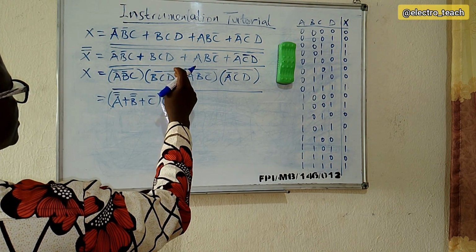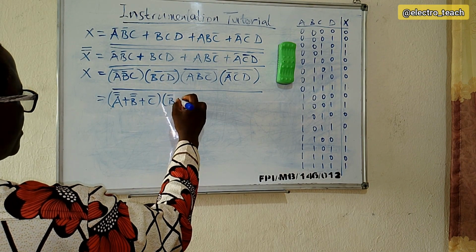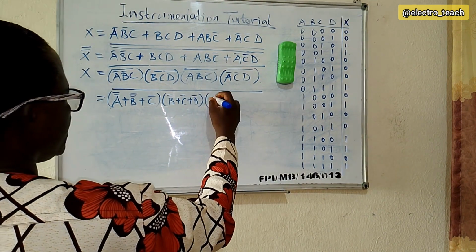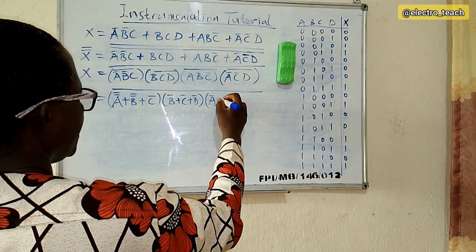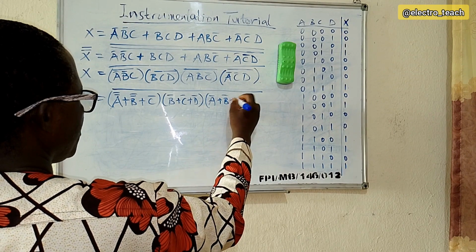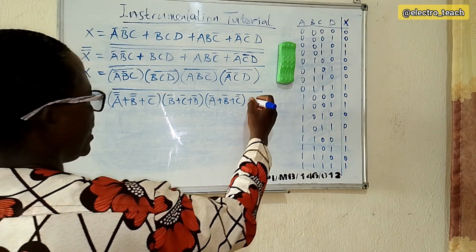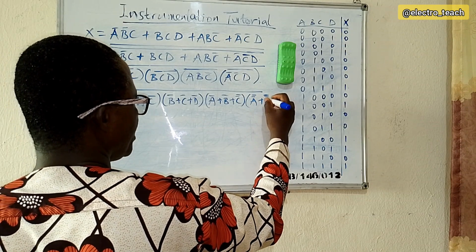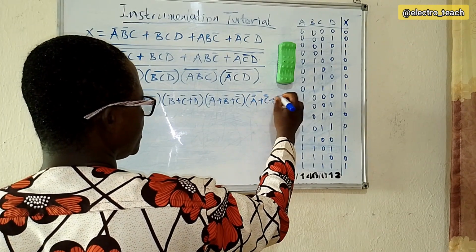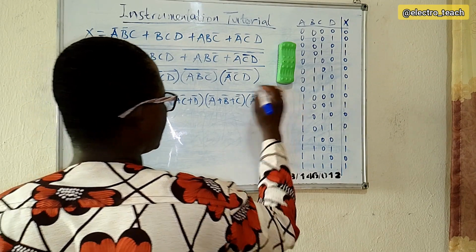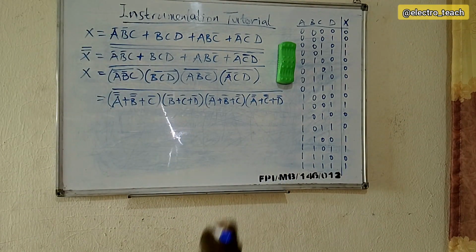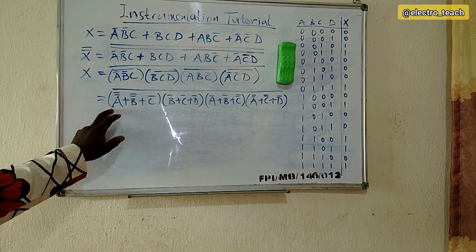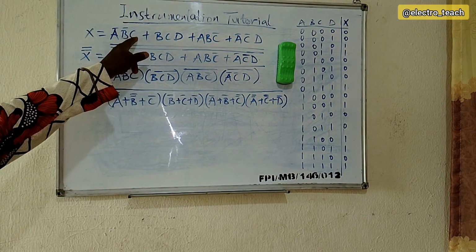B bar plus C bar plus D bar, then A bar plus B bar plus C bar, and then A bar plus C bar plus D bar, and then the longer bar remains. So we close the brackets here. So right now we have converted this sum of products to a product of sums.